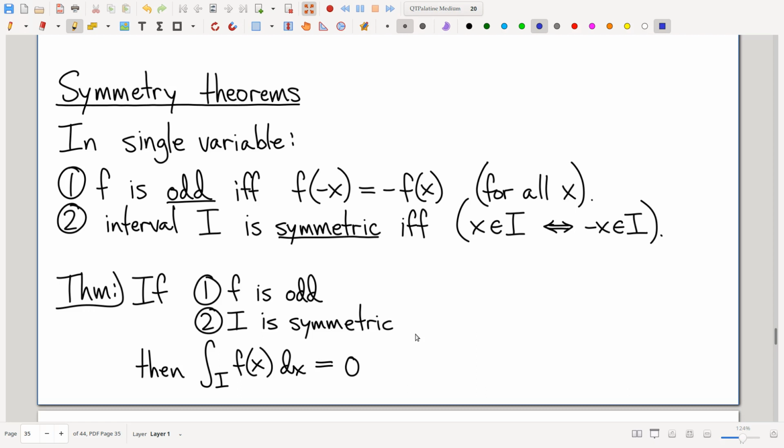Y'all are going to be doing lots and lots of integrals as well. My back of the envelope best estimate based on my memories is that about 20% of the integrals that I saw, I could instantly write down that integral is 0 by way of a symmetry argument. 20% of the integrals that I saw.